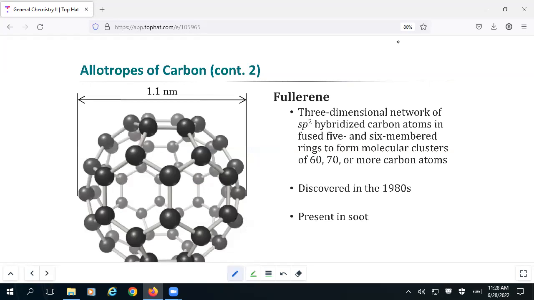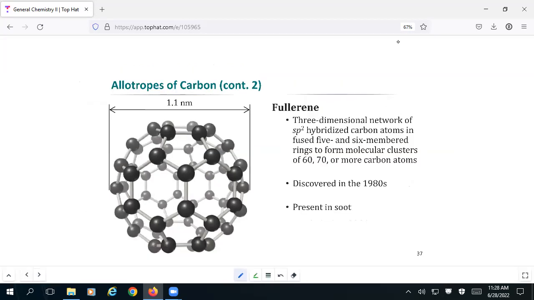Now, in addition to those, we also know about fullerenes. Fullerenes, named after Buckminster Fuller. I'm not making that up.